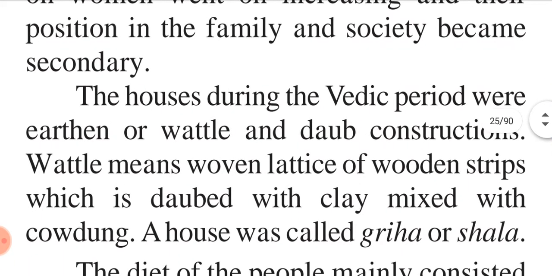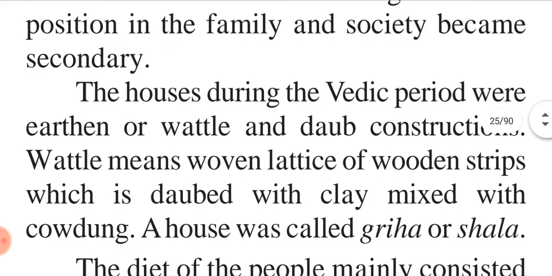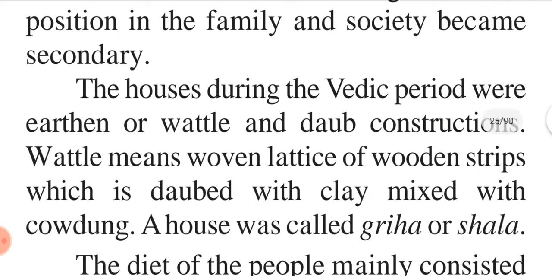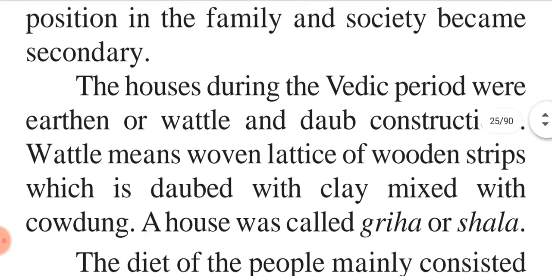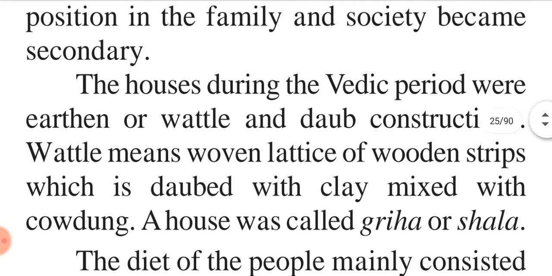The houses during the Vedic period were earthen or of wattle and daub construction. That means the houses at that time were earthen, made of mud, or wattle, daubed with cow dung or some mud they collected.